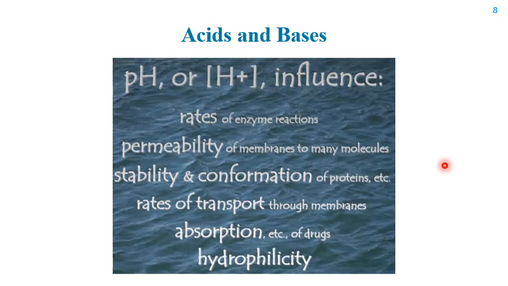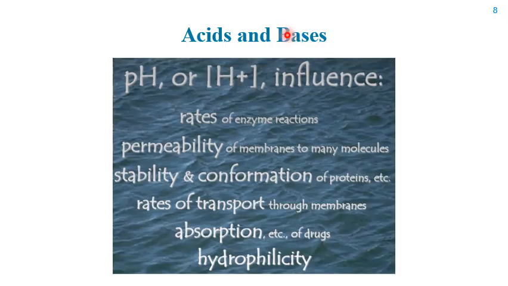Again, together with charge separation, here we are going to briefly review what is happening with this idea of acids and bases. We know that an acid is a proton donor and a base is a proton acceptor.